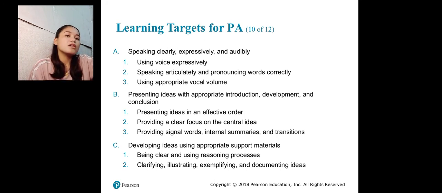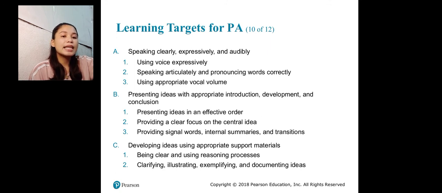So, using voice expressively, speaking articulately, and pronouncing words correctly, using appropriate vocal volume. For presenting ideas with appropriate introduction, development, and conclusion, we have presenting ideas in an effective order, providing a clear focus on the central idea, and providing signal words, internal summaries, and transitions.